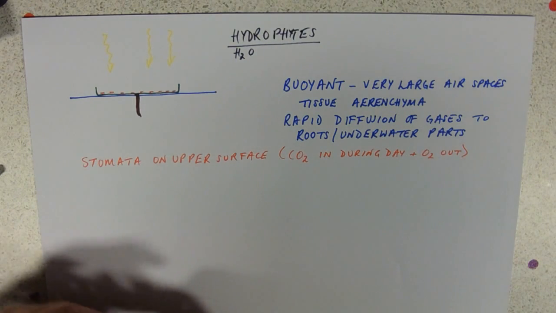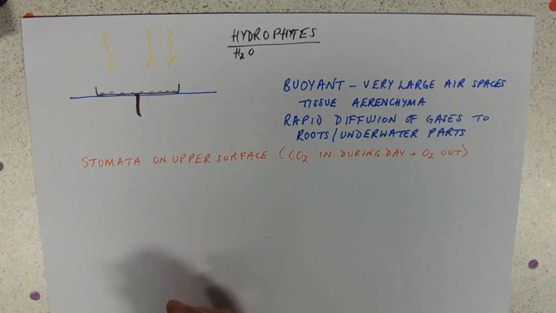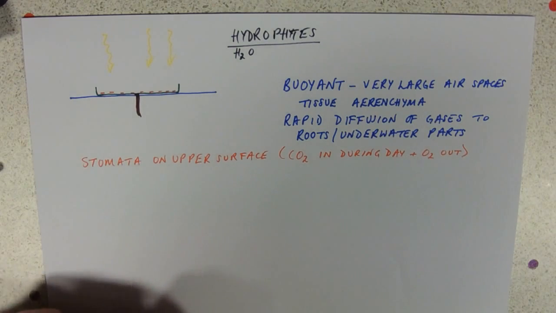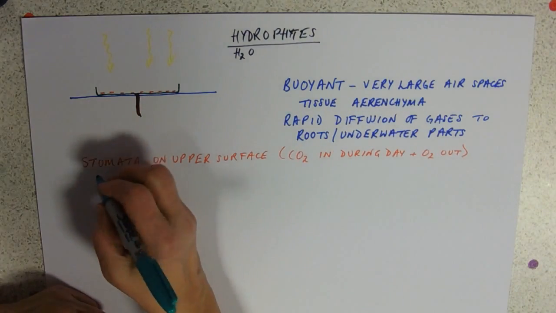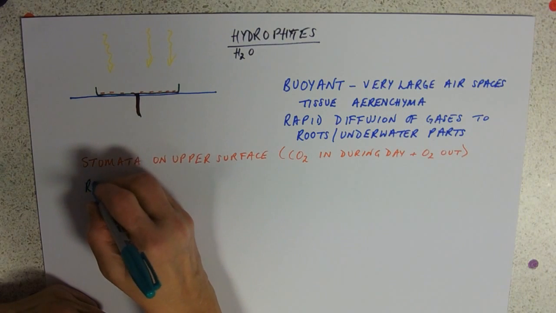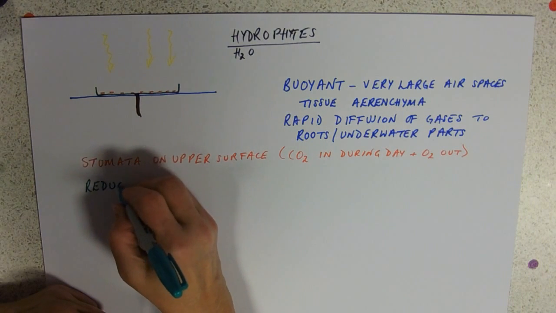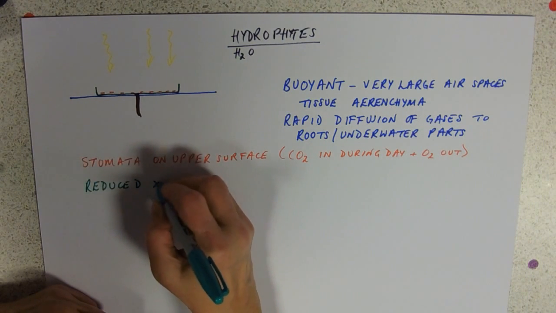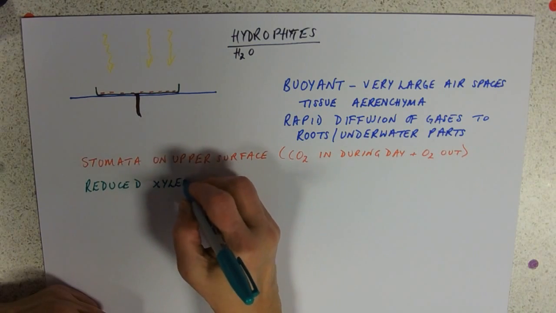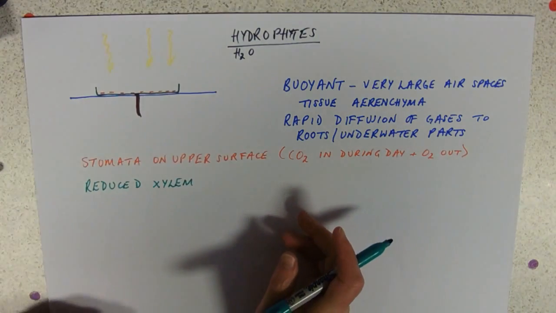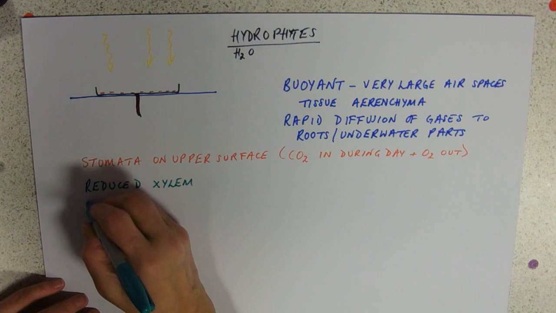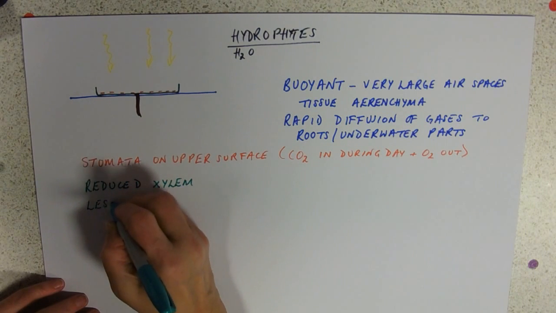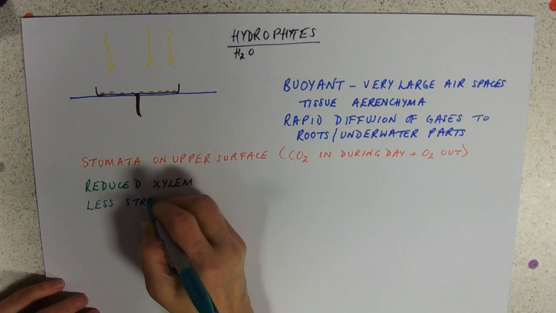So because these plants are so very buoyant and because they don't have much problem with water availability because they're living in water, they have reduced xylem because they just absorb the water, and they have less strengthening tissue.